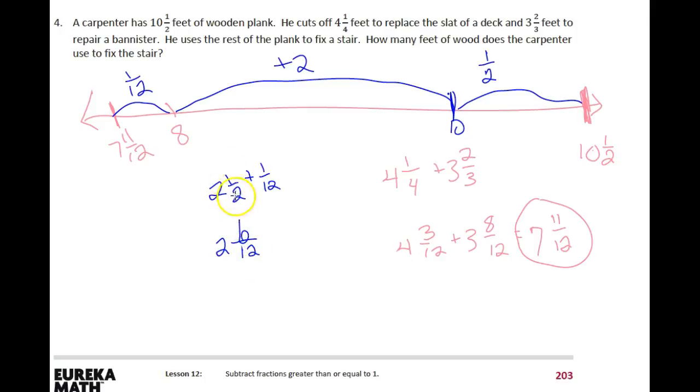Those are equal to each other. 1/2 and 6 twelfths mean the same thing. And here's your 1/12. So now 2 plus 0 is 2. 6 plus 1 is 7. What size pieces? Twelfths. And that's your answer. So 2 and 7 twelfths. And what are they? They're feet.